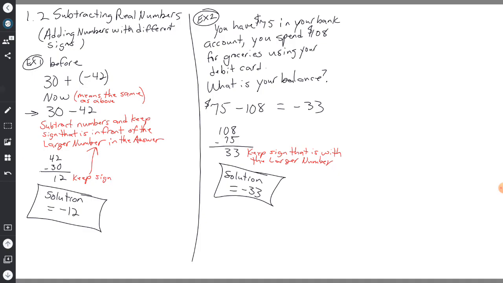In this case here, we've been working with different numbers, adding and subtracting with different signs.